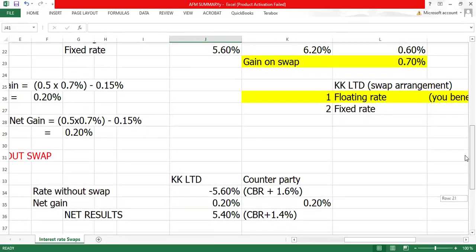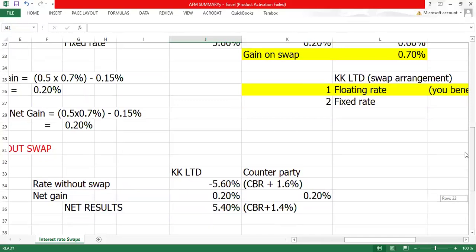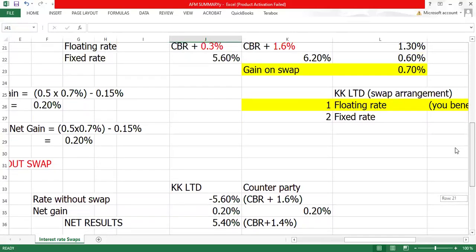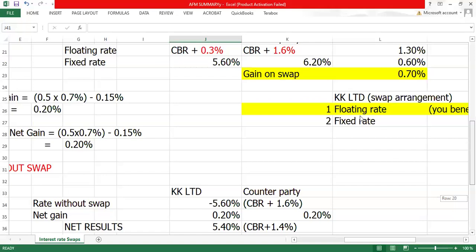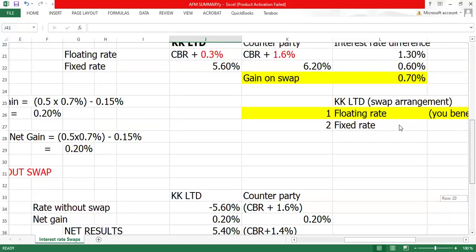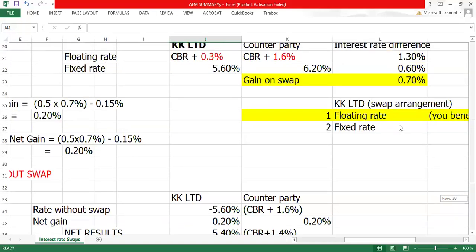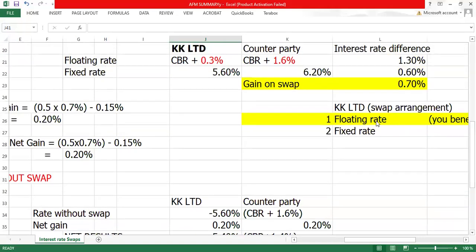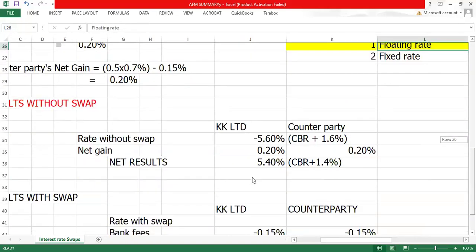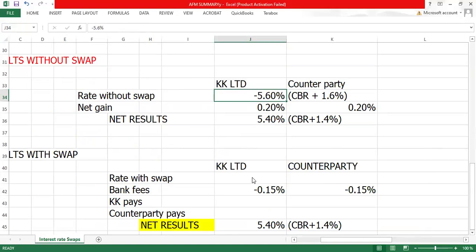Oh no, the floating. The floating rate. In a swap arrangement, we saw that you benefit more when it is the floating rate. You must start with the floating rate automatically.